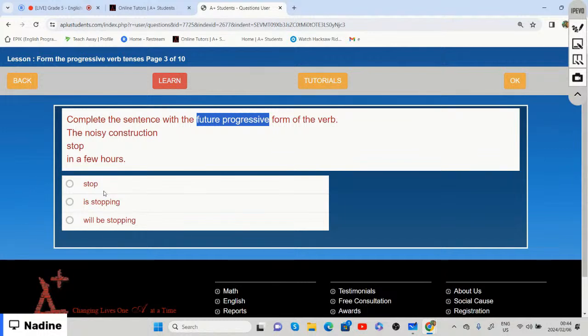And if we make mention of the future progressive tense, then we say will be stopping. So the noisy construction will be stopping in a few hours.